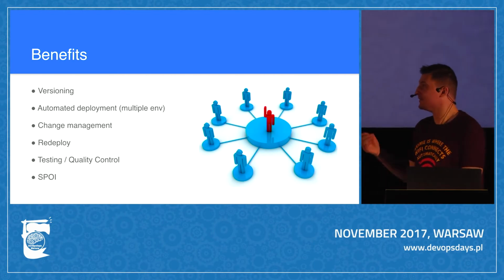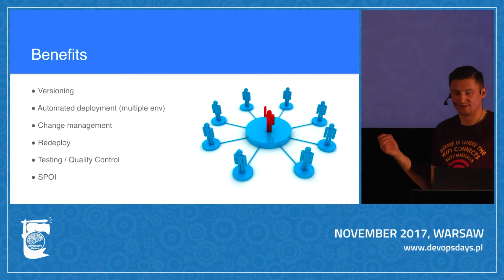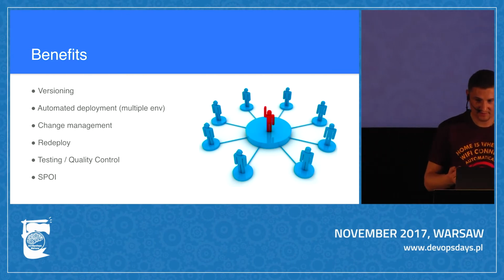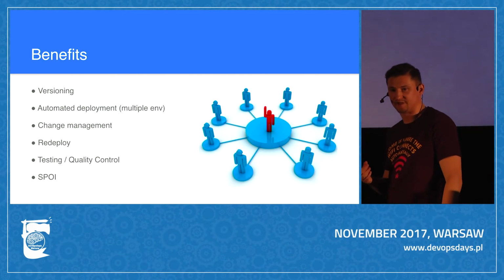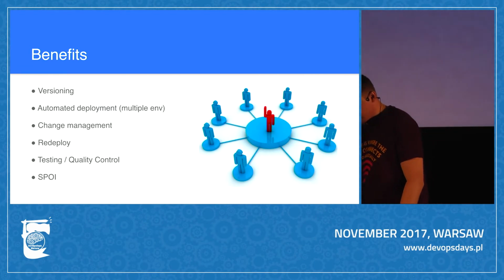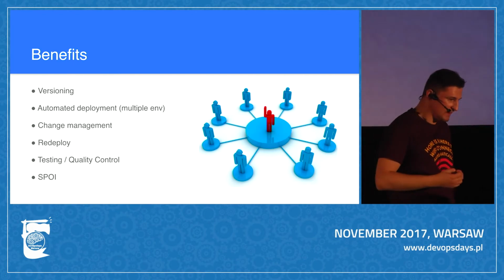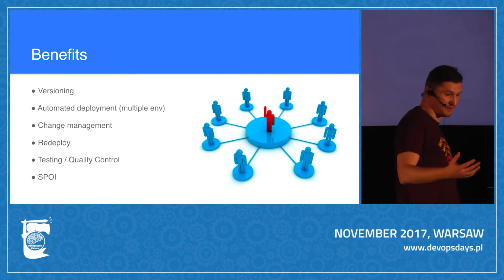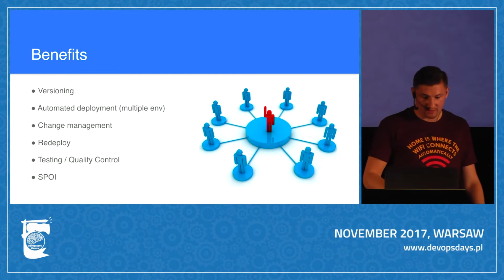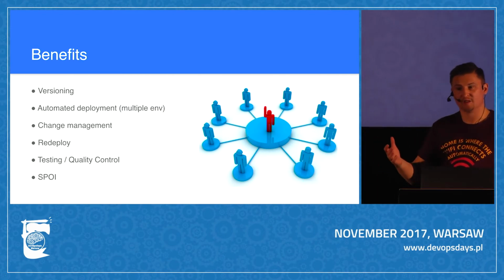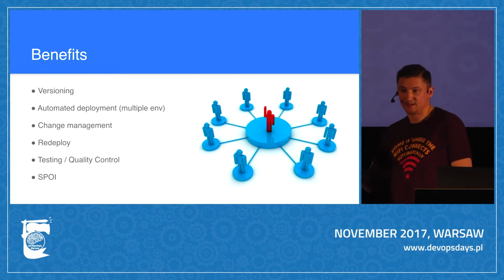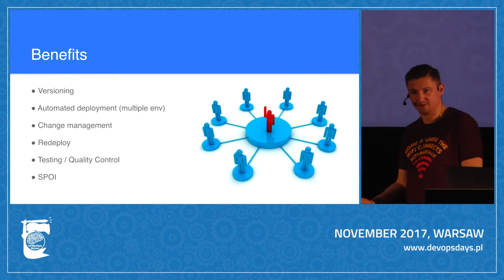Also, we've got testing and quality control with CI, and I would like you to think about this point for some time and note it down: currently we as DevOps are better at hitting the power button instead of really troubleshooting the problems.